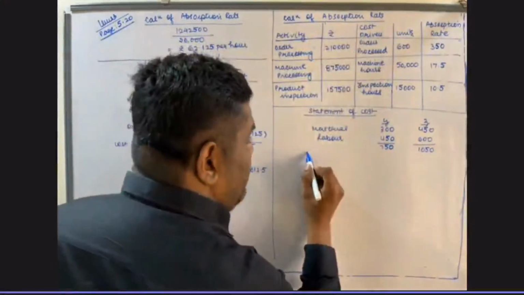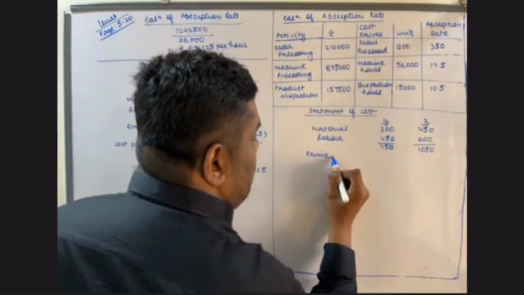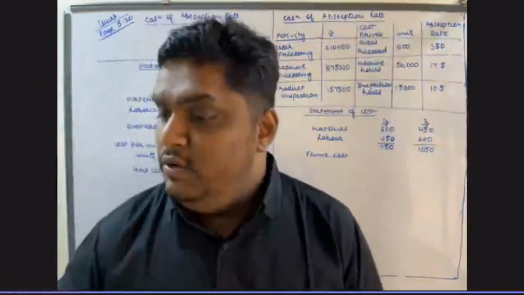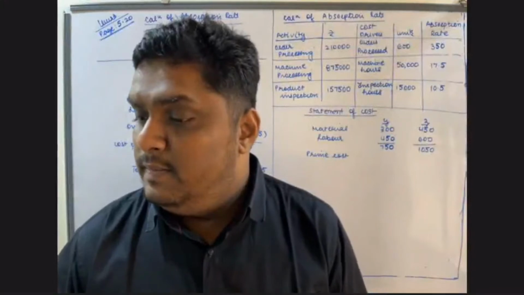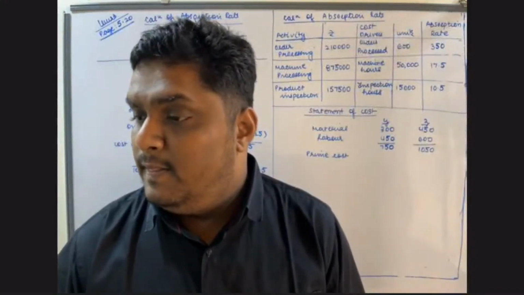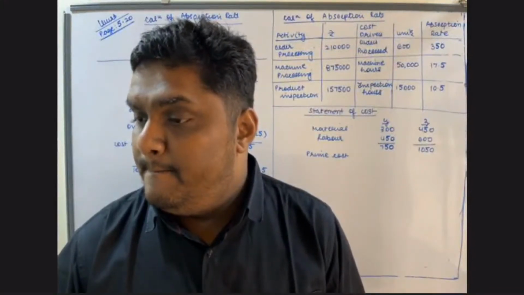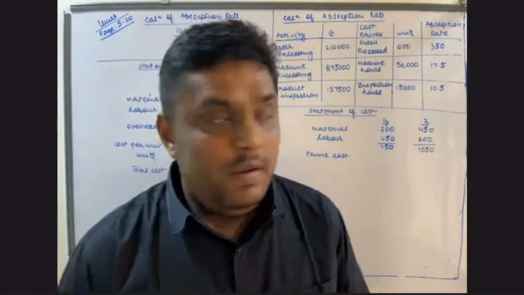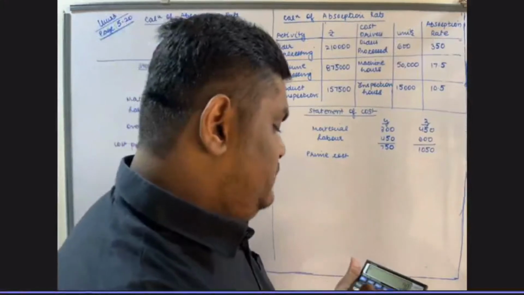So total prime cost will be how much? 750 into the units manufactured. Total units manufactured of Y is 2500.